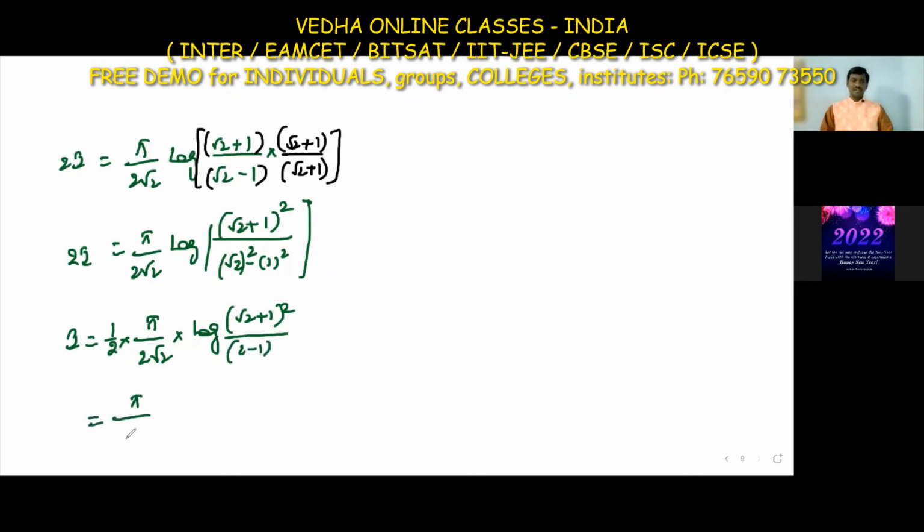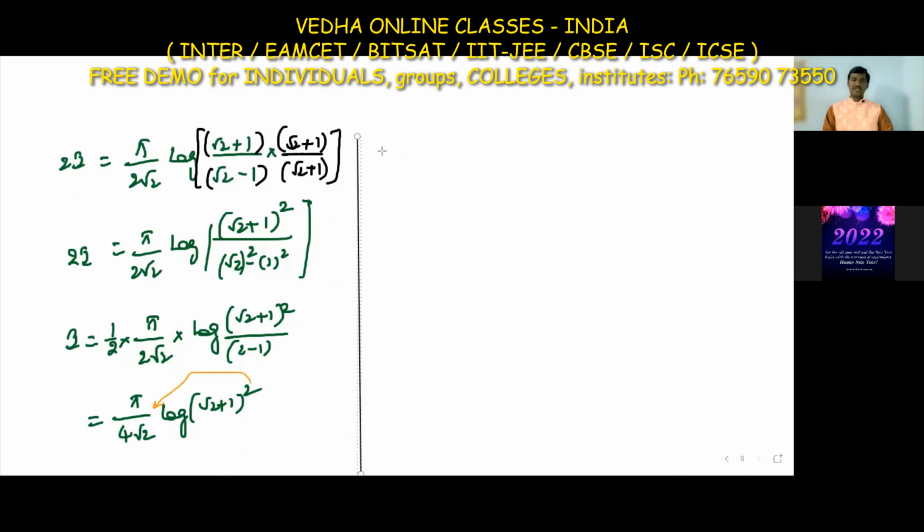So pi divided by 2 into 2 root 2, that is 4 root 2, into log of (root 2 plus 1) whole square divided by 1. So no need to write it. Just now we discussed, we can write the power as coefficient if we apply the same formula, same concept.